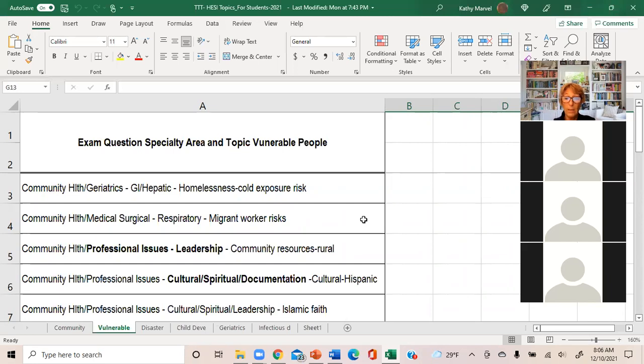What might you get asked about community resources in the rural area down here? Anybody? Maybe, is there a lack of community resources?